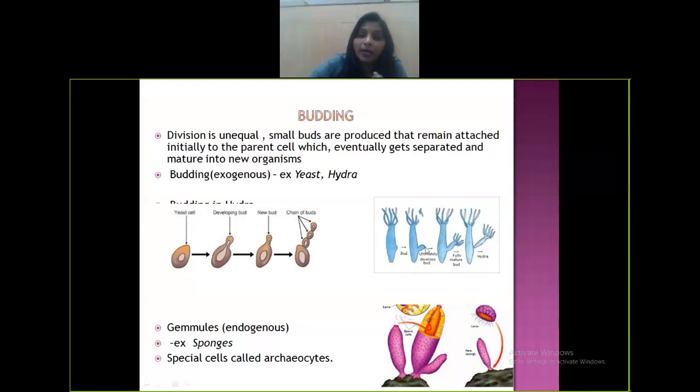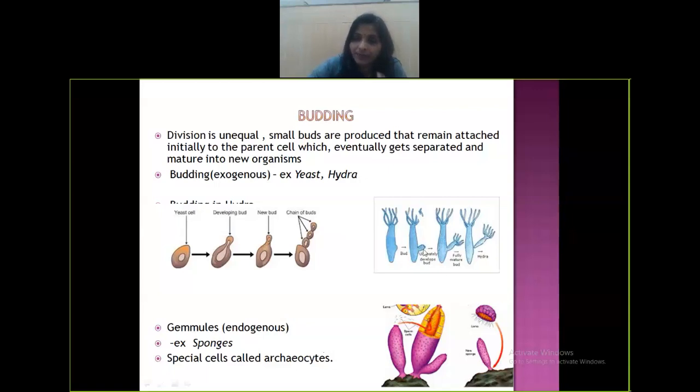In the case of hydra and yeast, the bud is produced outside the body, so we call it an exogenous bud. But what happens in sponges? Sponges belong to the phylum Porifera. In sponges, the bud is an asexual reproductive unit produced inside the body of the sponge.